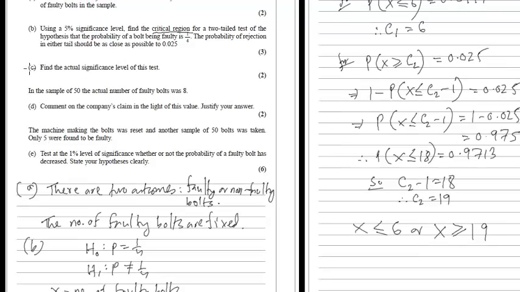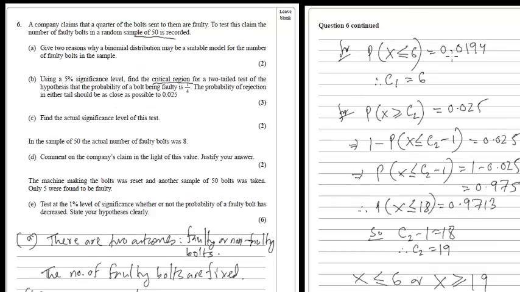So the next question is find the actual significance level. So this is question number C. The actual significance level is going to be the probability of X less than or equal to critical region 1, or X greater than or equal to critical region 2. So this is going to be less than or equal to 6.